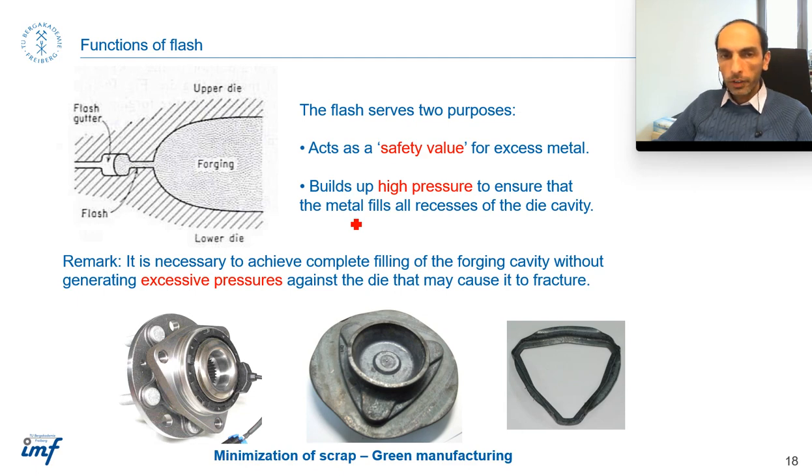The other function is to build up high pressure to ensure the metal fills all recesses of the die cavity. What does it mean? Later, when we go to the analytical calculation for the forging load, we obtain an equation which shows that, assume this is A and this height is H, this ratio A to H is important, so it controls the forging load.